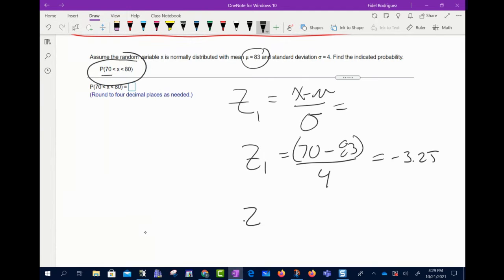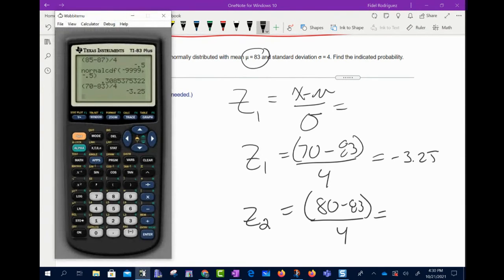Then we're going to do the same thing. I'm going to call it z2, but now I'm going to use this number. So 80 minus 83 divided by 4. I'll do the same thing, second entry, and just change that 70 to an 80, and I get negative 0.75.